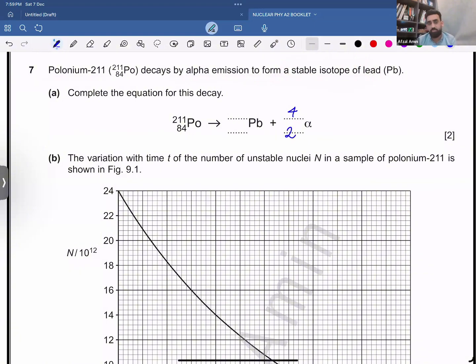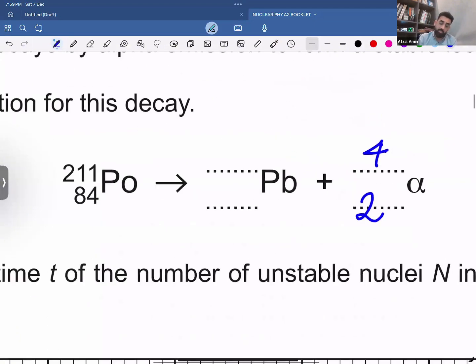Once you balance alpha, you can balance the lead. So 211 minus 4 is 207. Similarly, 84 minus 2 will give you 82 is the lead, my dear students. So alpha 4, 2, the rest we balanced. Any question?